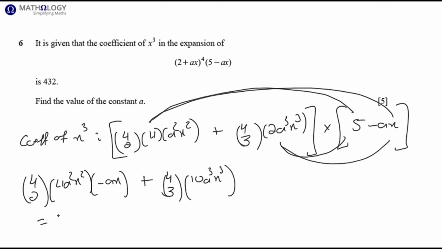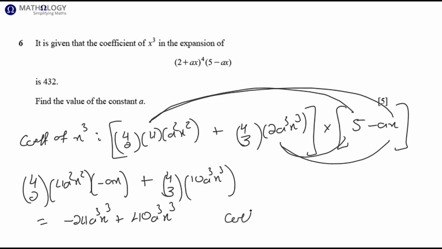4 choose 2 is going to be 4 times 3 over 2. 12 over 2 is 6. 6 times 4 is 24. And we have a minus, so it's minus 24a cubed x cubed, plus 4 choose 3, which is 4 times 3 times 2, 24 divided by 3 times 2 times 1. 24 divided by 6 is 4. 4 times 10 is 40. 40a cubed x cubed.